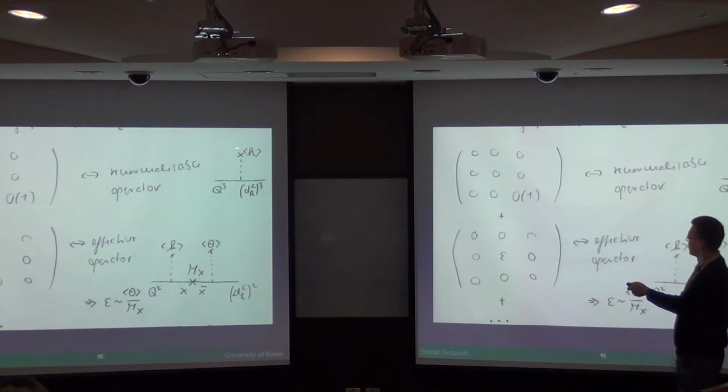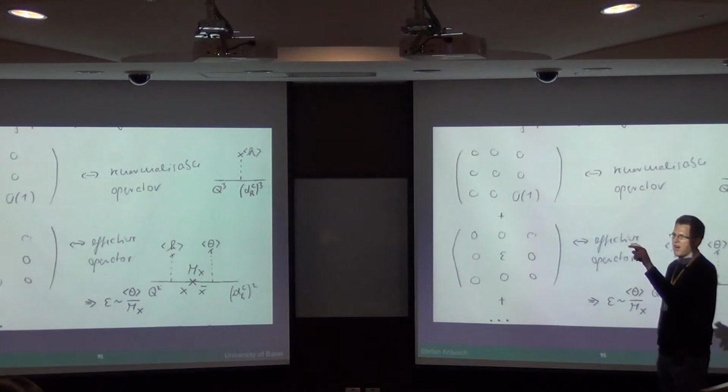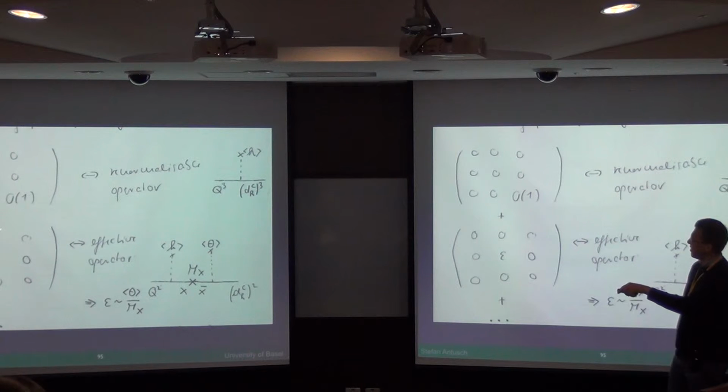So you've seen you can have different kinds of embeddings of the Standard Model Higgs into representations. You can also give these fields some charges, such that one embedding can appear here, but a different embedding can appear here. So this capital Phi would be a good field to appear here, but the capital Phi prime would be a good field to appear here.